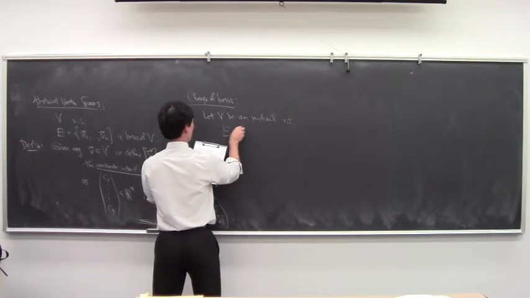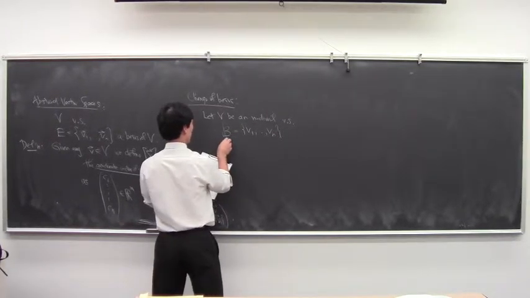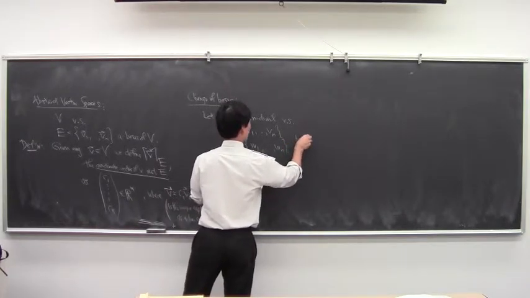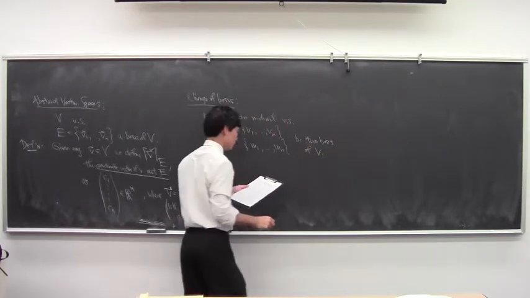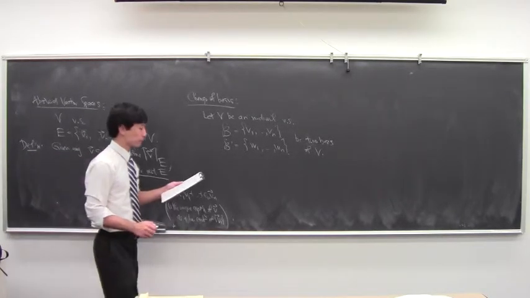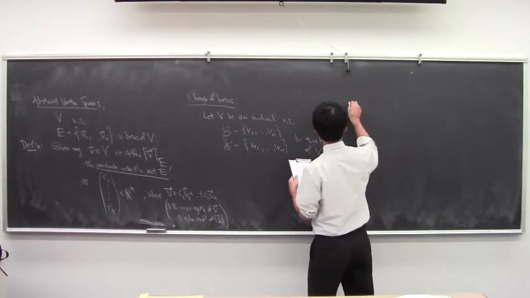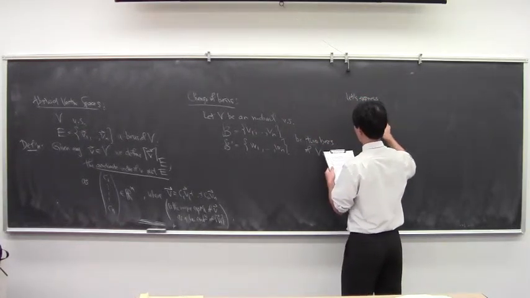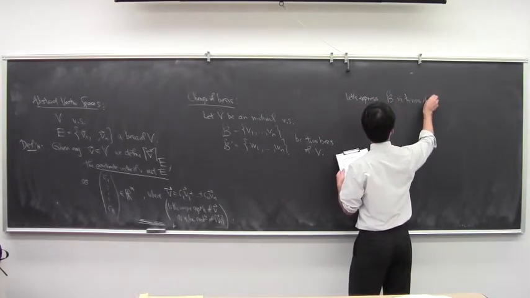Let B, namely V1 through Vn, and B prime, W1 through Wn, be two bases of V. Let's express the V basis in terms of the B prime basis.